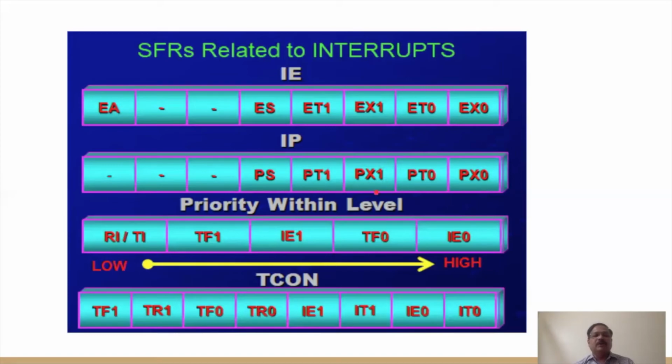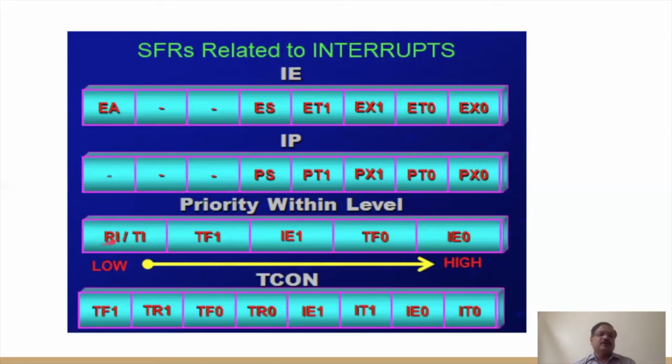Now, what is the priority within the level? That means the priority order. You can see by this arrow, E0 has the highest priority. That is, external interrupt 0 has the highest priority in the 8051. Then timer 0, then external interrupt 1, then timer 1, and the serial port has the lowest priority.